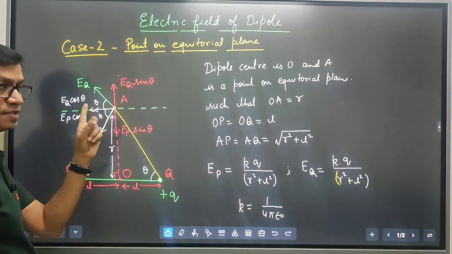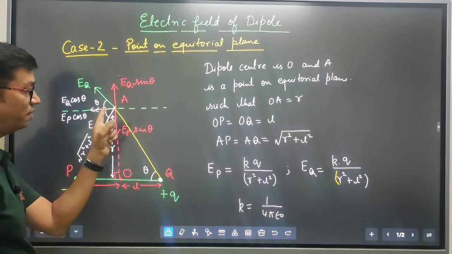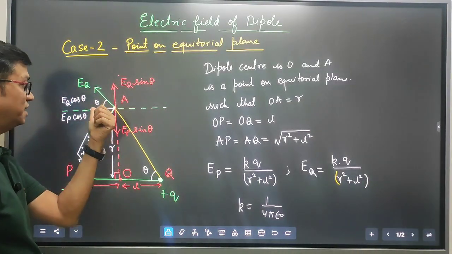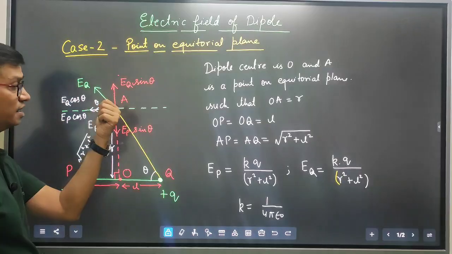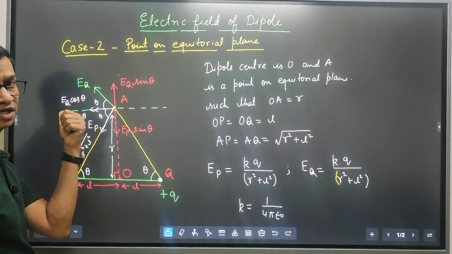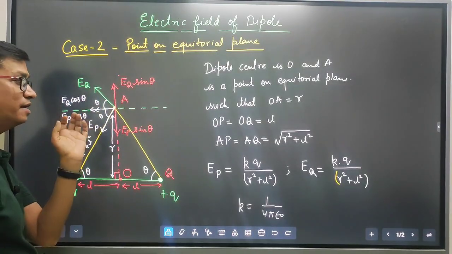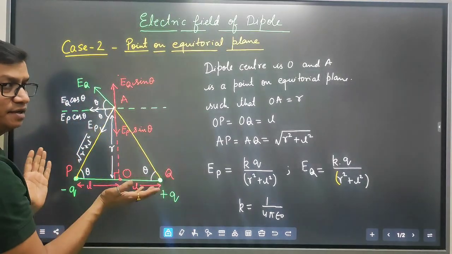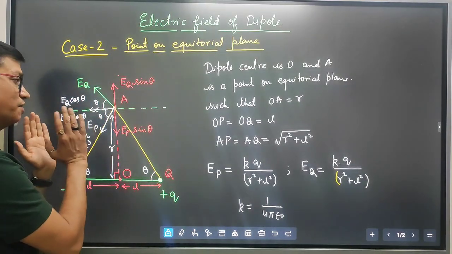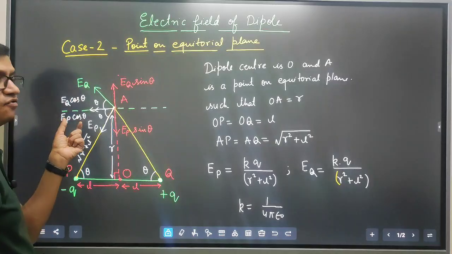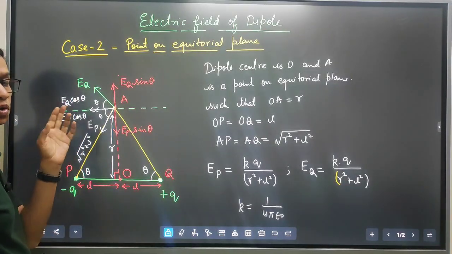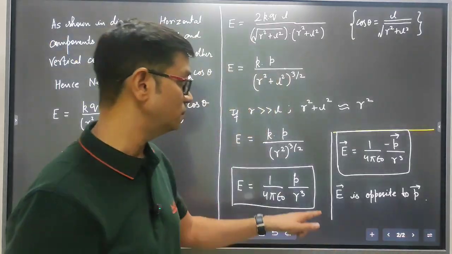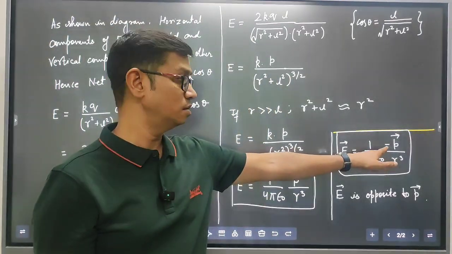So if I consider the direction of dipole moment for this dipole, it will be towards the positive side of x-axis. And see where the electric field is coming, it is right opposite to the dipole moment direction. And this will happen irrespective whether the point is on this side or this side, right? You can try for yourself. In all the cases, electric field would be always opposite to the dipole moment. That's the reason in the vector form we have put minus.